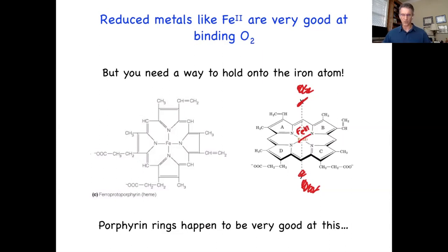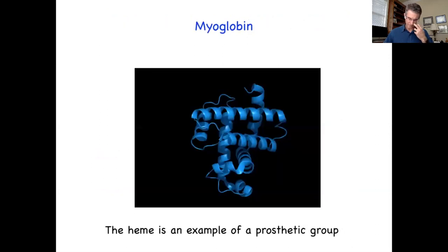And of course, evolution's answer to this problem was to take this partial solution, kind of hydrophobic, not very soluble, and we're starting to build something we can use to hold on to an oxygen pretty well and encase it in a protein, right? And that protein is, of course, for our purposes, the globins. This is the monomeric version of the globin called myoglobin.